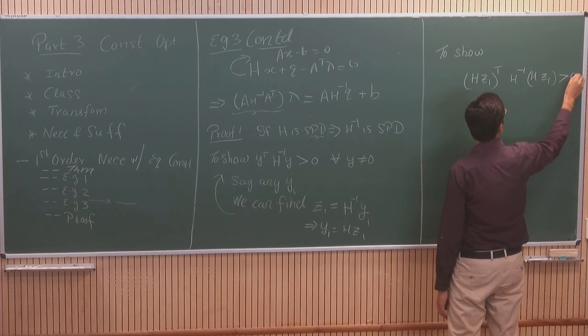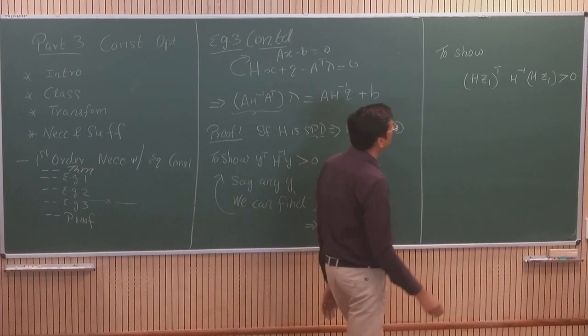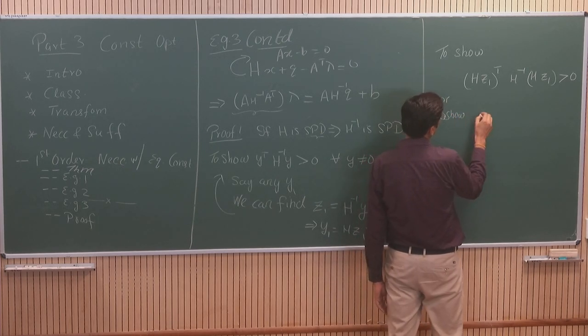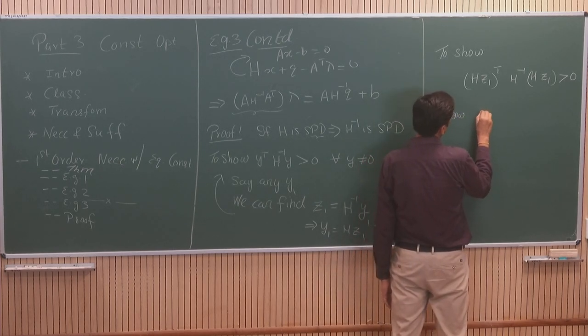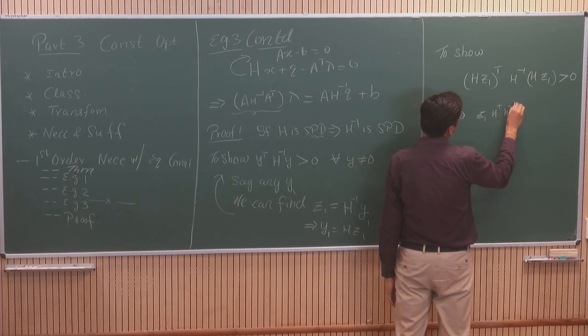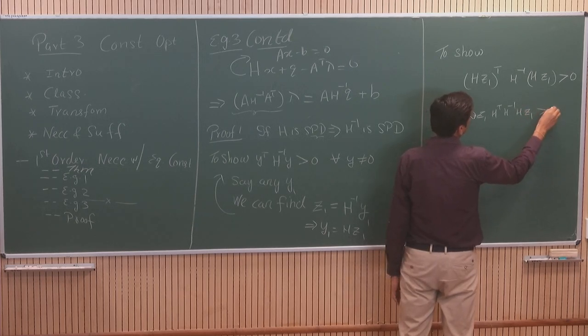We have to show this is greater than 0. The rest of the predicate is still being carried. Right? So, to show z1 transpose h transpose h inverse h z1 is greater than 0.